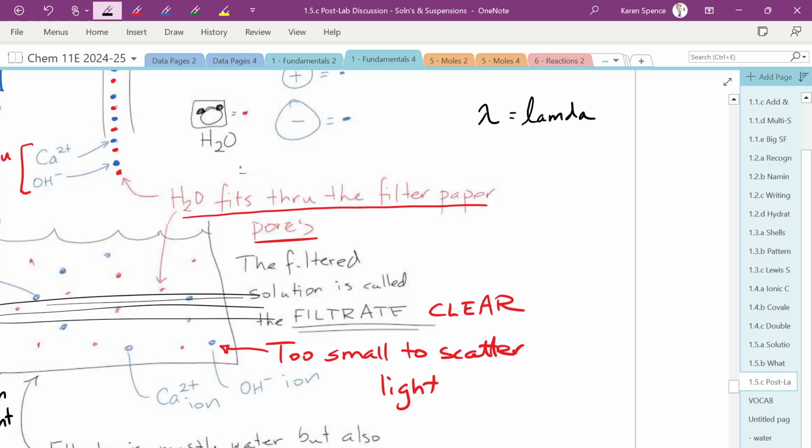Greek letter lambda, and it stands for wavelength. And the wavelength for visible light is in the neighborhood of like 400 to 800 nanometers. I feel like somewhere in there. Okay? Hundreds of nanometers.